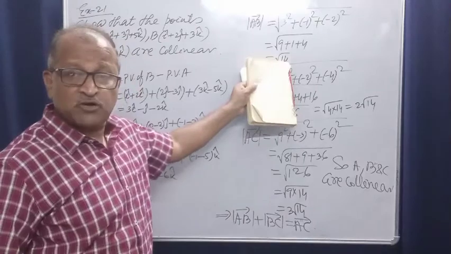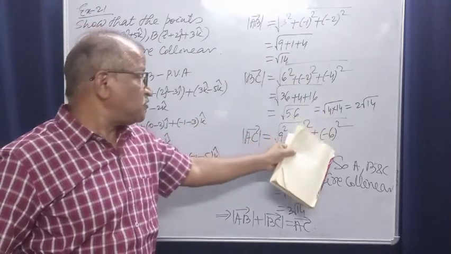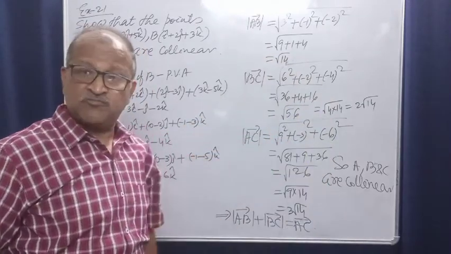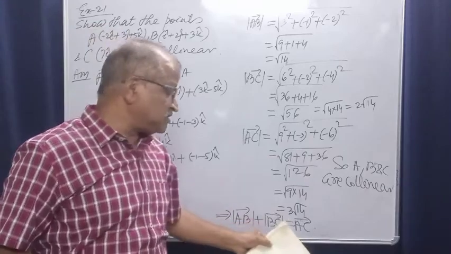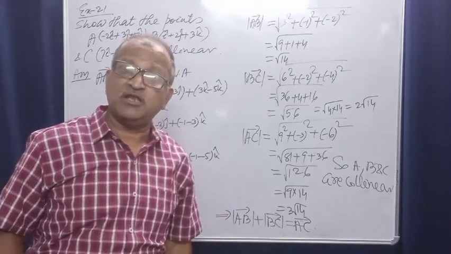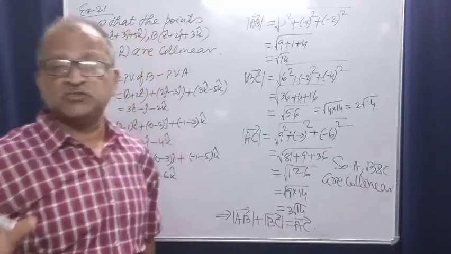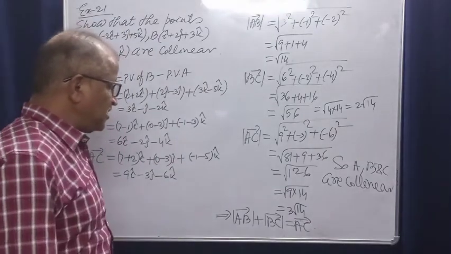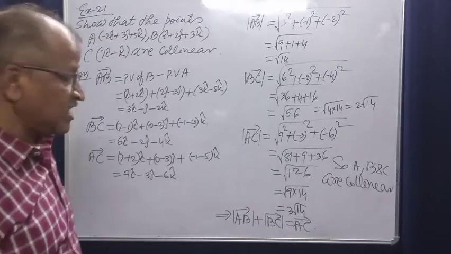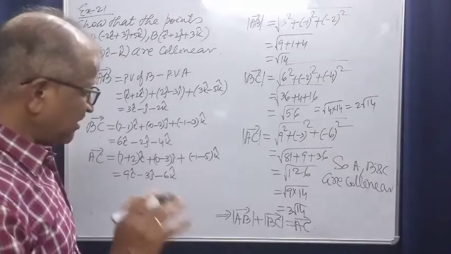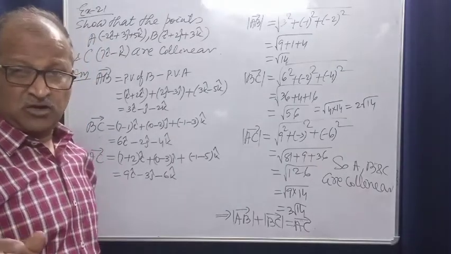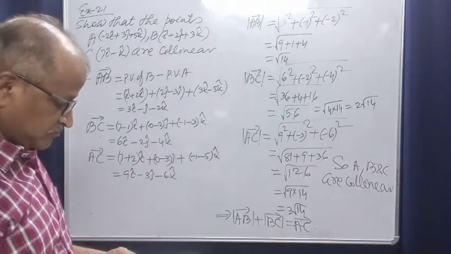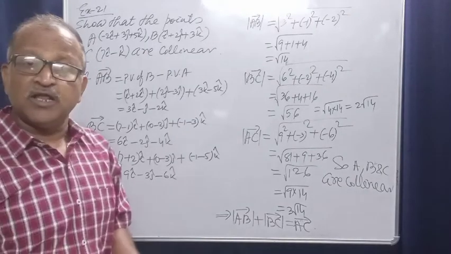AB is the square root of 14, BC is 2 into square root of 14, and AB plus BC will be 3 into square root of 14, which is equal to the magnitude of AC. So these three vectors AB, BC and AC are collinear. That means A, B, C are collinear, right?